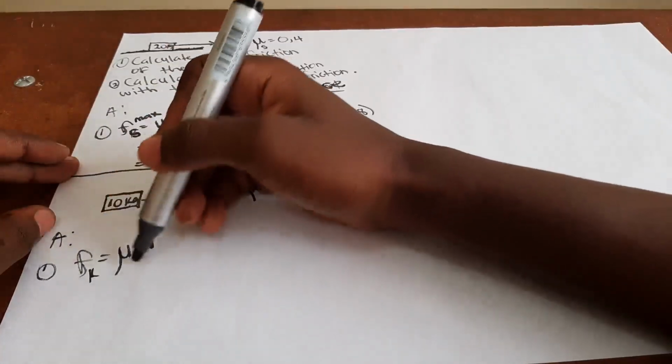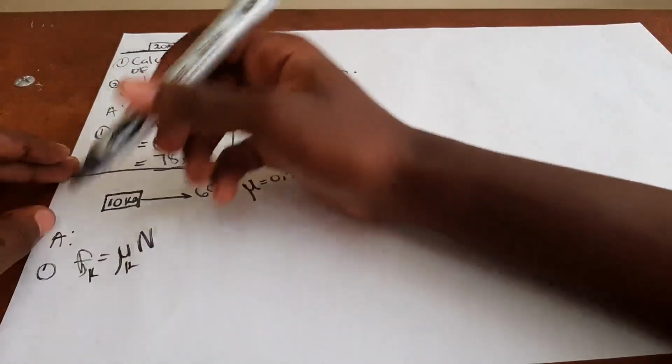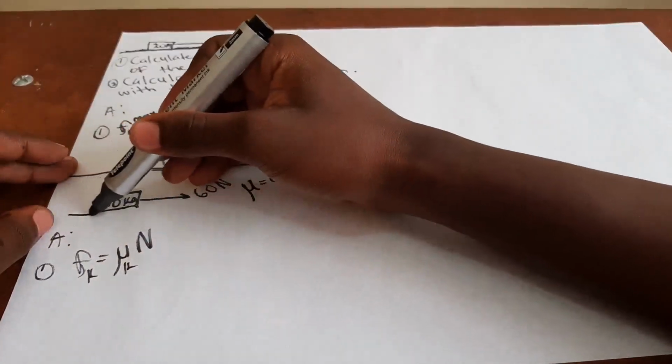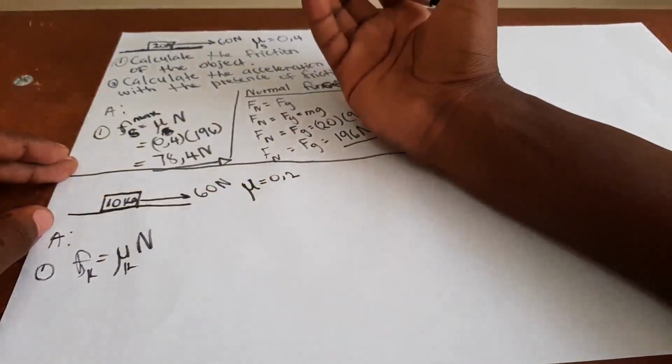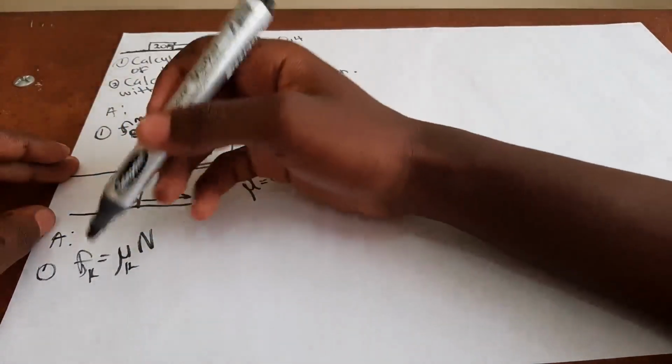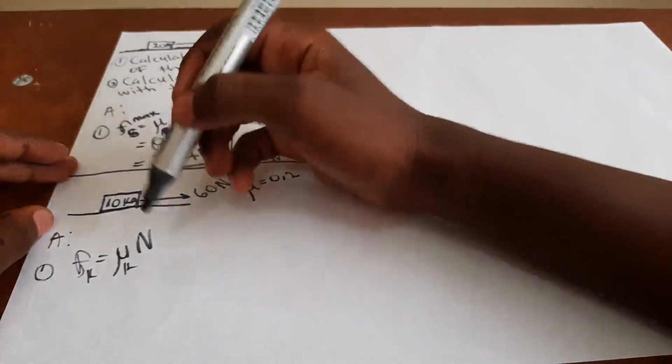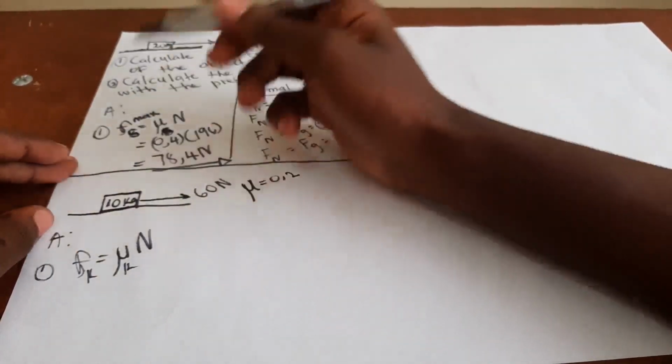The object is moving, so it's kinetic frictional force. This is rough. So let's go look for our normal force.